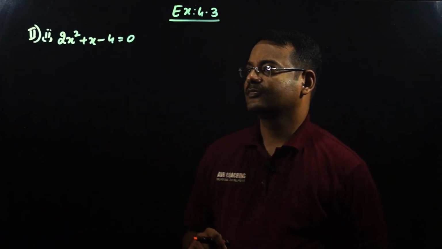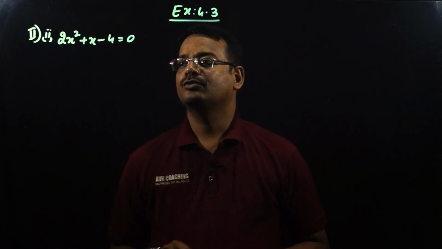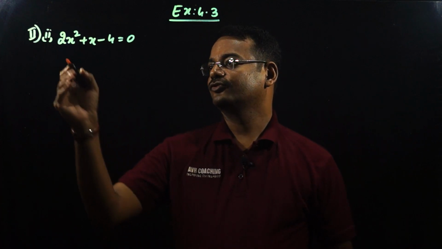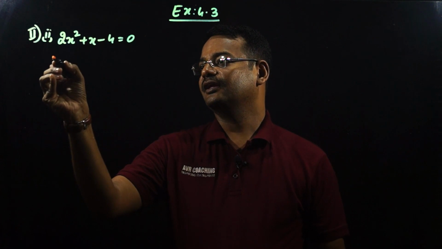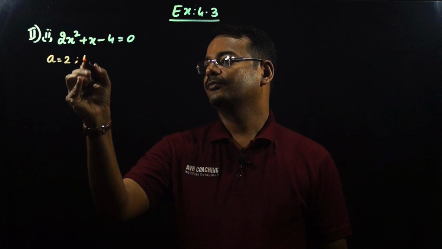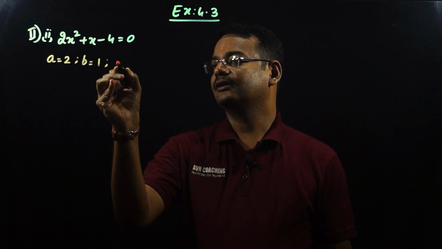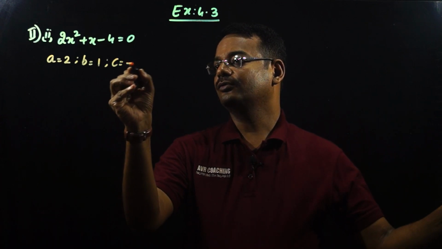Second problem, find the roots of the equation using the formula. So here when we compare this equation with ax square plus bx plus c, a is equal to 2, b is equal to 1 and c is equal to minus 4.